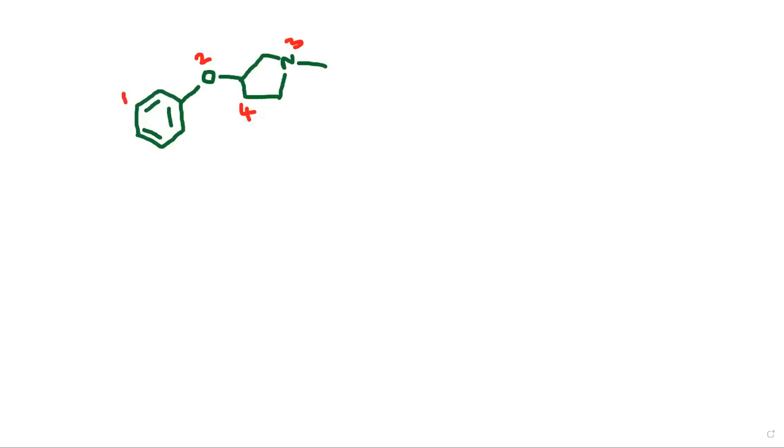Okay, whenever you are given a problem like this, the first thing you need to do is convert this structure to a Lewis structure. Okay, so here's the easiest way to do this. I'm gonna redraw the line structure in a different way.